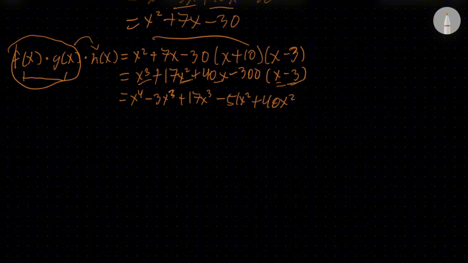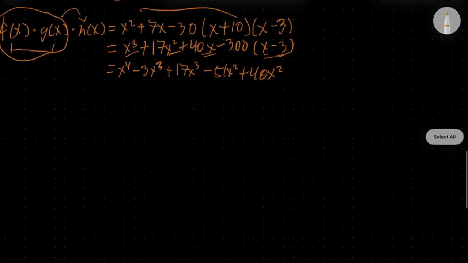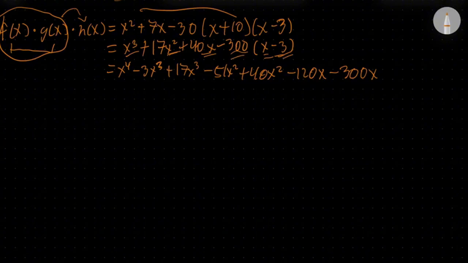And positive 40x times negative 3 is negative 120x. And negative 300 times x is negative 300x. And negative 300 times negative 3 is positive 900.